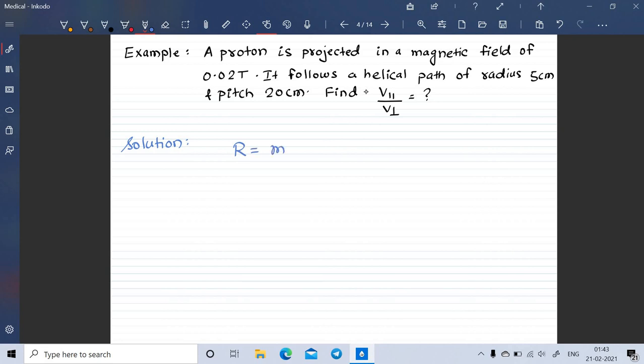Next question. R we know will be m v perpendicular by bq, because the circular motion that is happening is only because of v perpendicular, right? The circular motion is due to v perpendicular. Time period is 2 pi m by bq and pitch will be v parallel into time period.